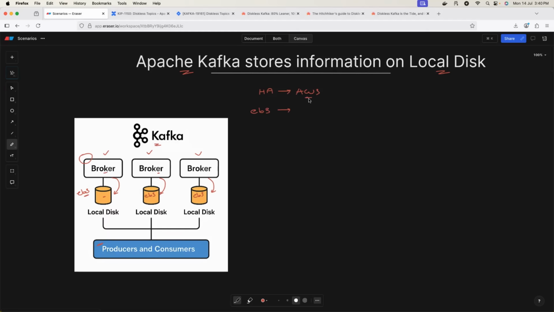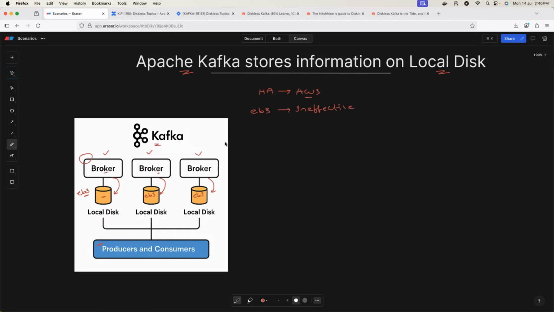Not only AWS, if you're talking about local disk, any cloud provider, whether it is AWS, Azure, or GCP, storing a huge amount of data to the local disk or to the local volume is a cost ineffective solution from the cloud providers.